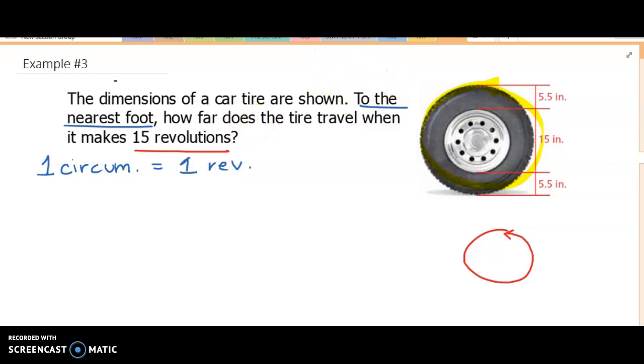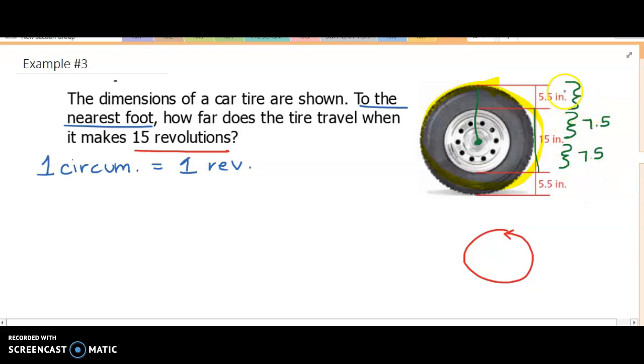Okay, so before I do that, I need to find my radius. Well, from here to here is 5.5 inches. All the way here is 15, sorry. So from here to the half is 7.5, here to the other half is 7.5.